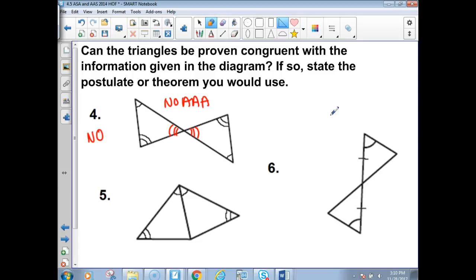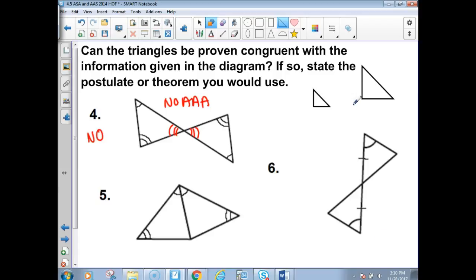If I have a triangle, can I make another triangle like that triangle that has the same size angles, but doesn't have the same size sides? I could keep going. Still the same shape, isn't it?